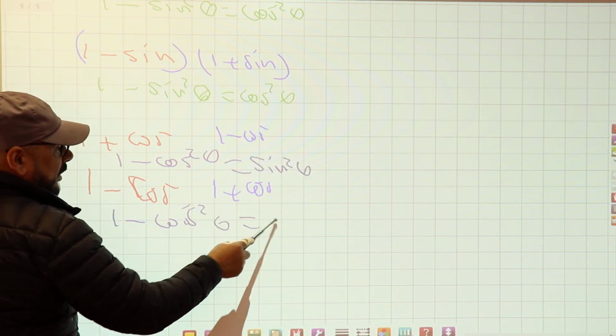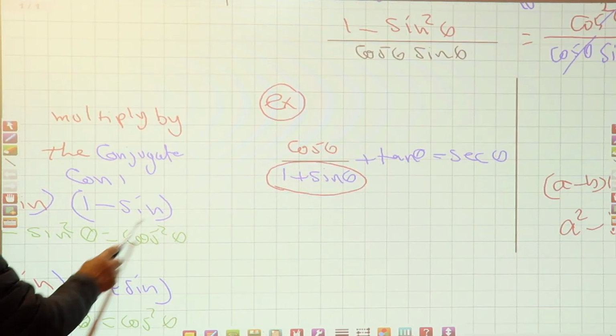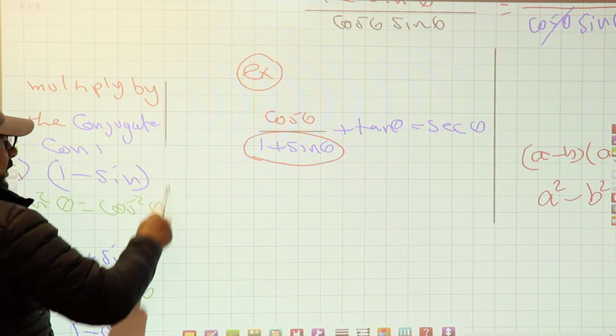The same thing. This is the conjugate I'm going to use all the way in any verifying. Okay, back to here. Then multiply by the conjugate.